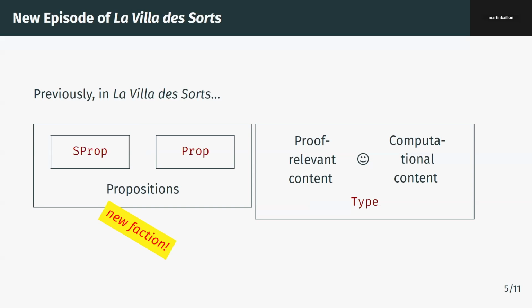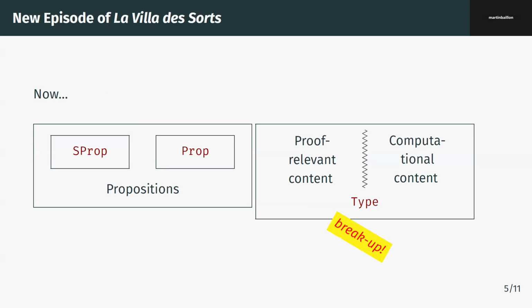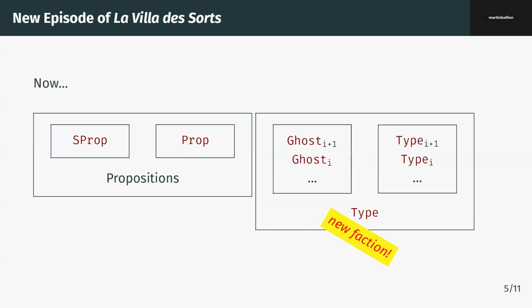The ghost sort is a similar refinement, but for the Type sort, where we want to break up between proof-relevant content and actual computational content, right? So what would happen is that we would break up these two things and get a hierarchy of ghost sorts and of type sorts.